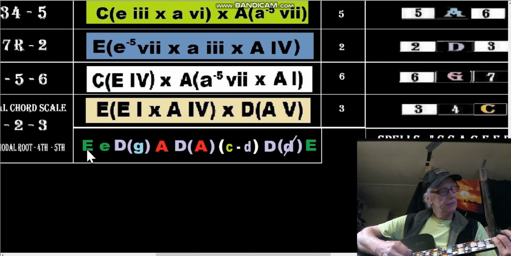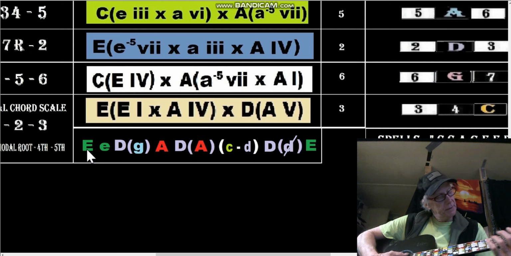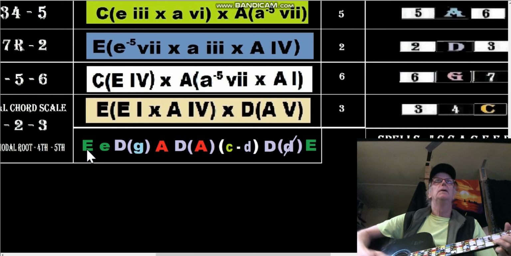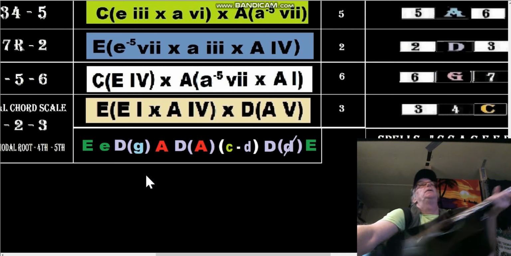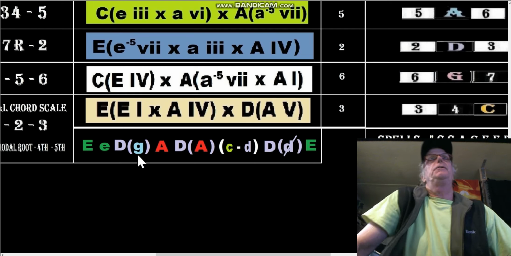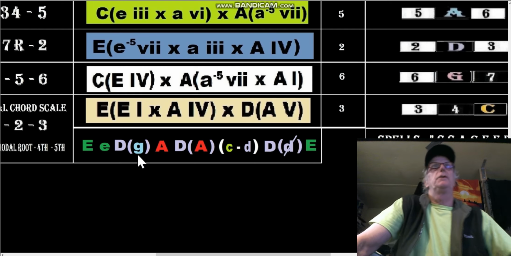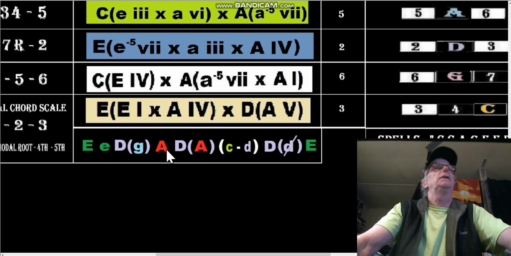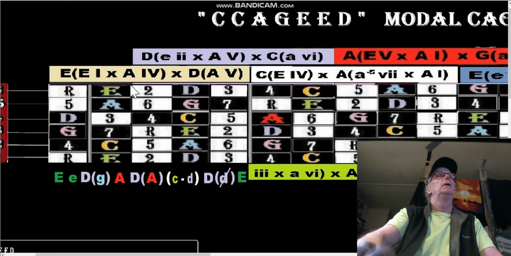Now this is actually in the D cage, alright, and then the D minor shape, okay, is actually a G minor shaped 3rd minor, and then the A shaped 4th.